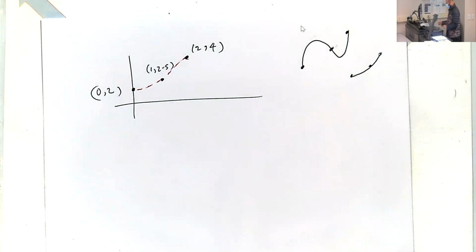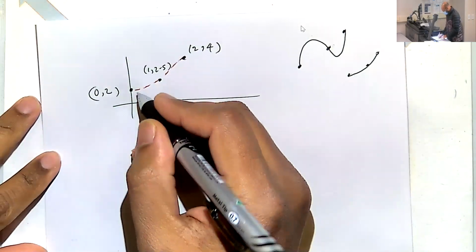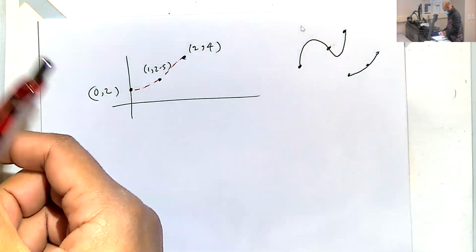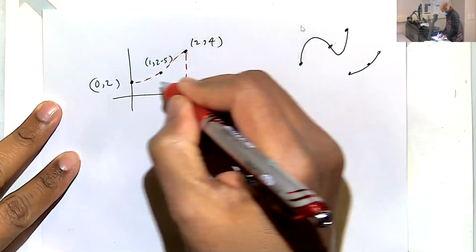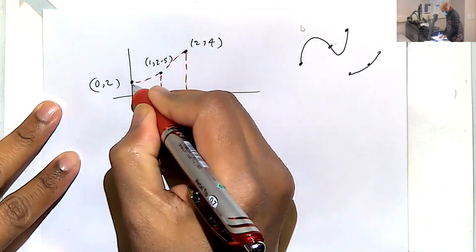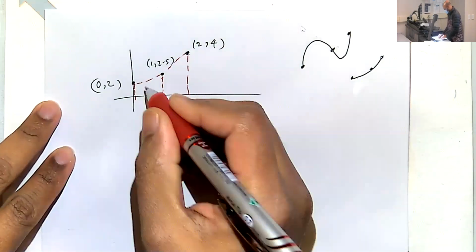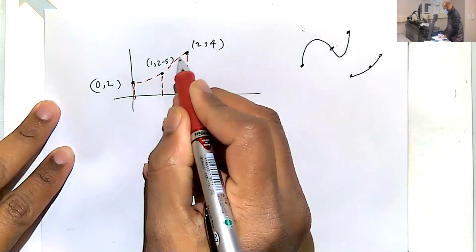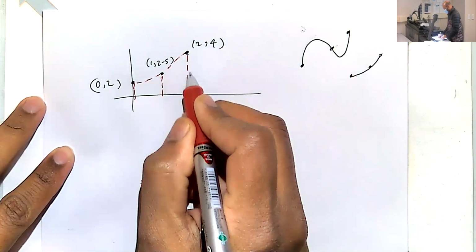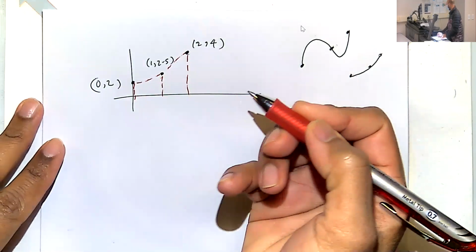Okay, let's see. What is E? Compute the centroid coordinates numerically using the trapezoidal rule. So we basically have to compute the coordinate of the flap that would form when you join all of these points.